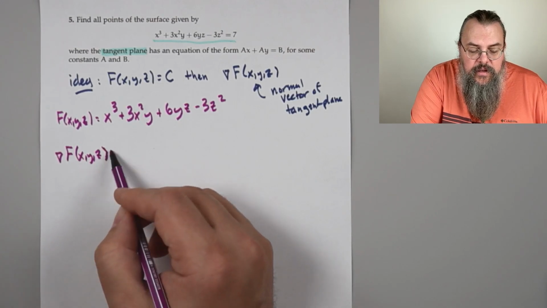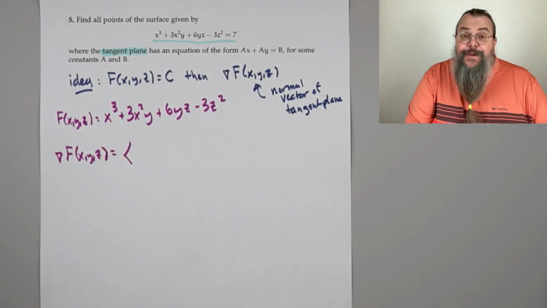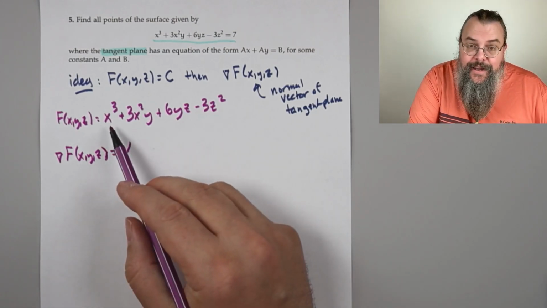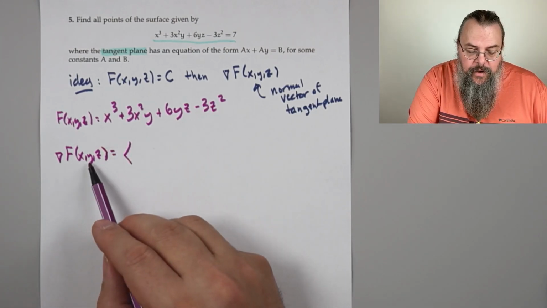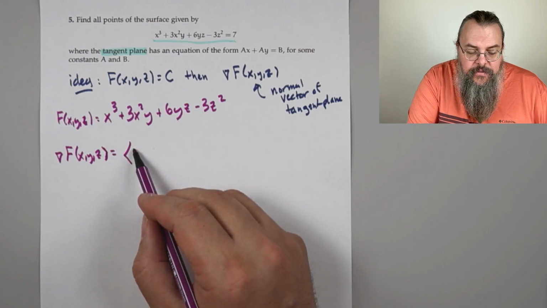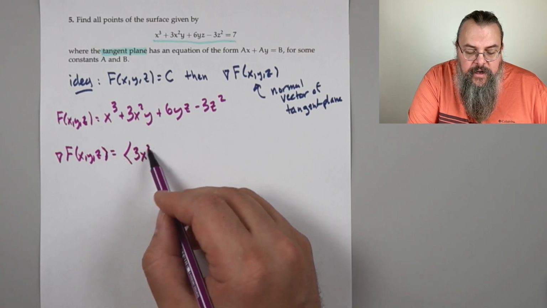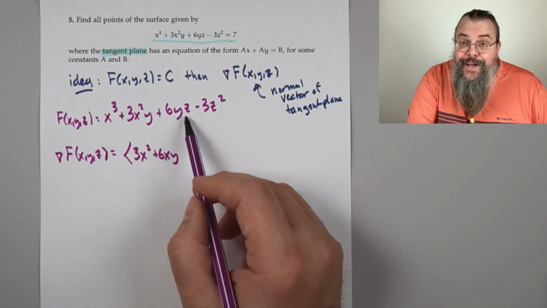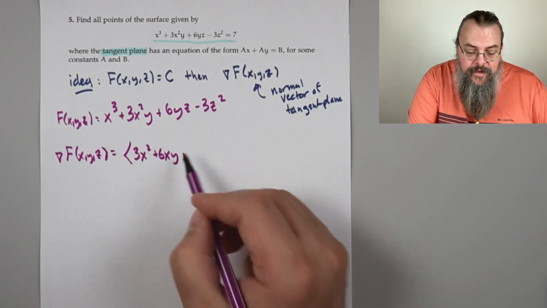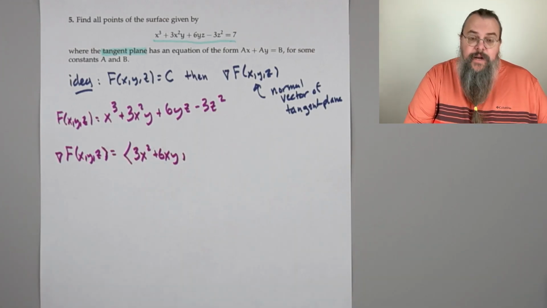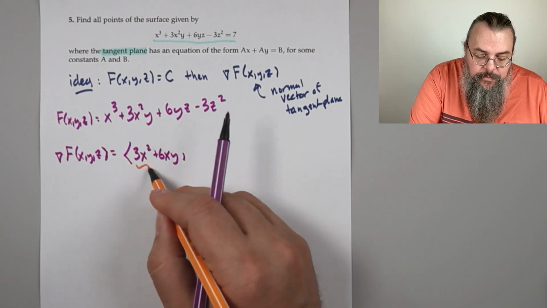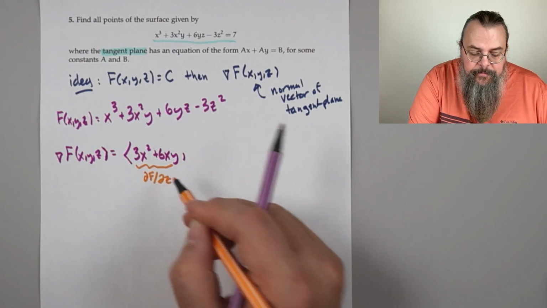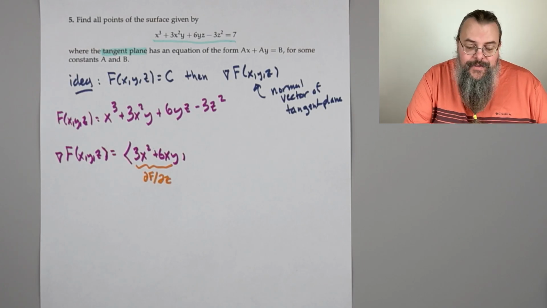Okay, so this is a vector. We're going to take three partial derivatives, one for each variable. We start with the x, because we just go x, y, z. So, derivative, that will be 3x squared, 6xy. There's no x, no x. So that's done. So, as a reminder, I'm just going to put some notes here. Partial f, partial x.